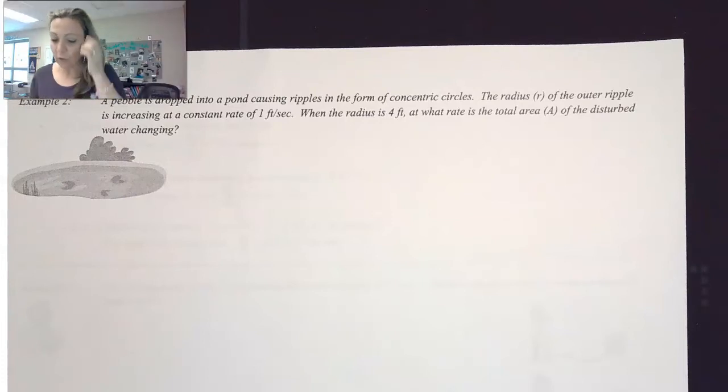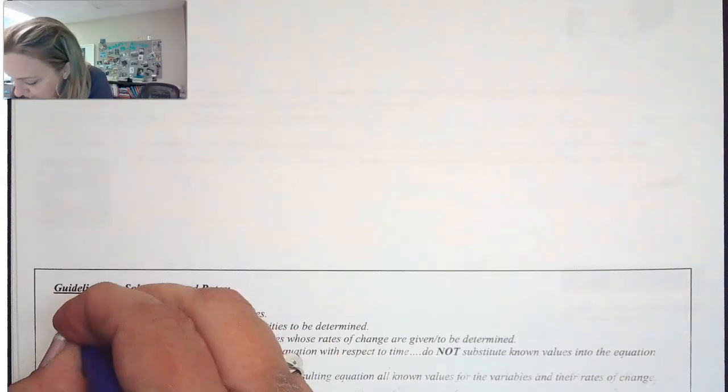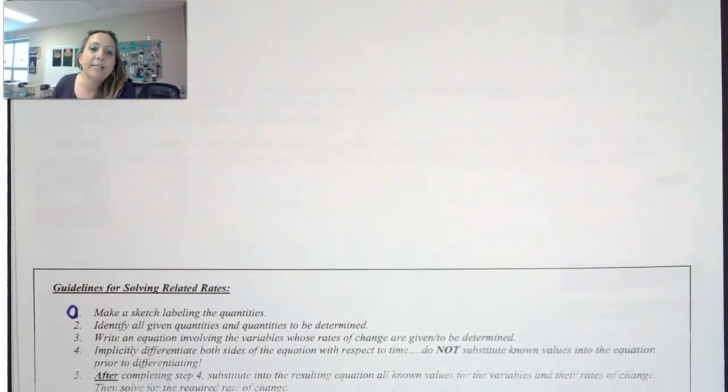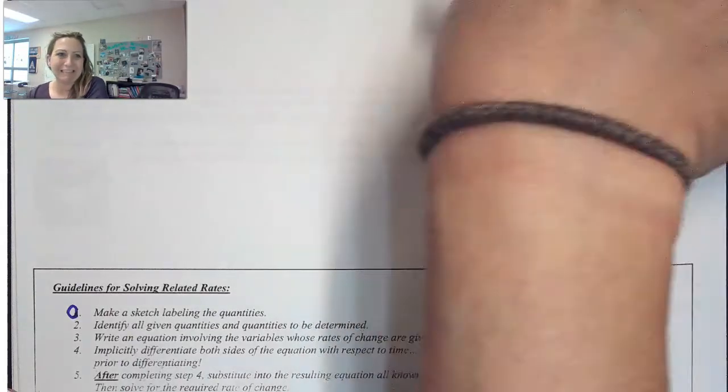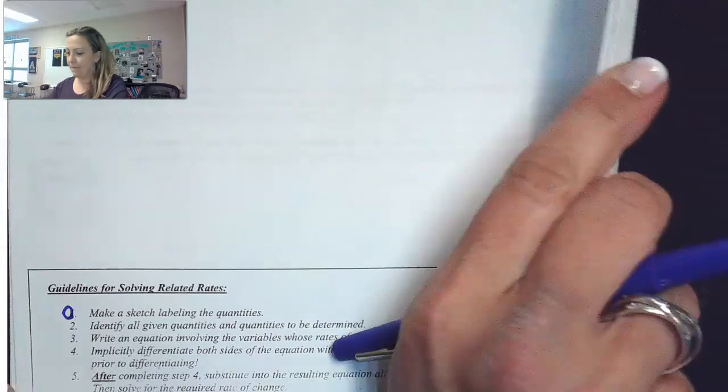Okay, so the first thing that we're going to do, and I have these guidelines for solving related rates down here, I'm actually going to call this step 0. Step 0 is where we're going to make a sketch, if possible, because I don't think you always can, labeling the quantities, okay?